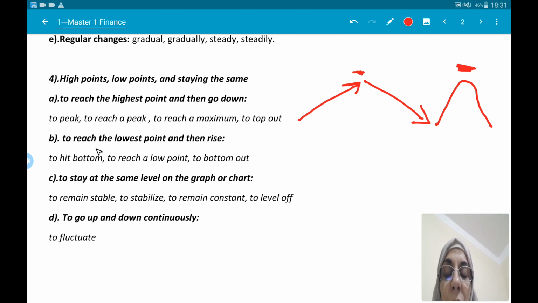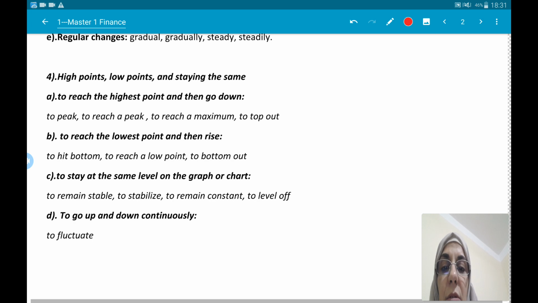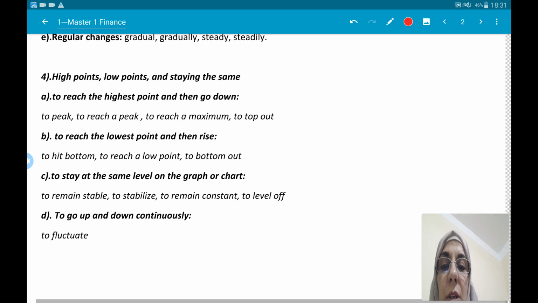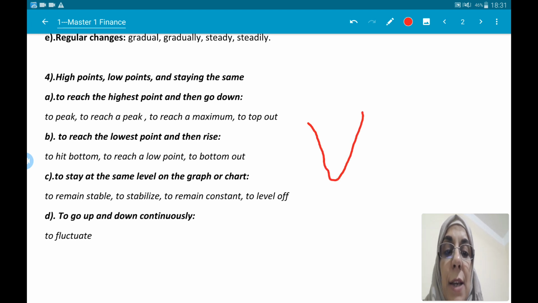Okay, now the second situation, so I should clean these in order to draw further images or further examples. Okay, to reach the lowest point and then rise. So to reach the lowest point and then rise. This is the lowest point.